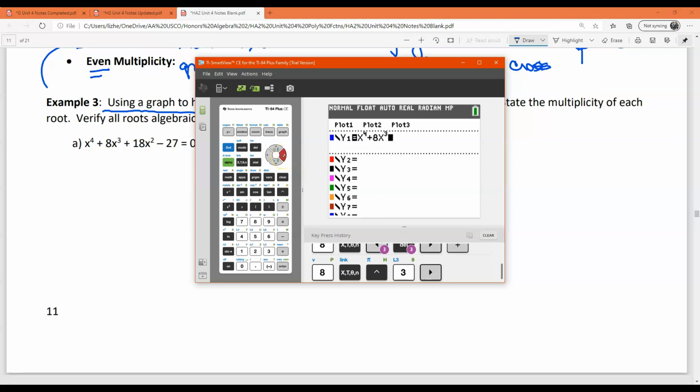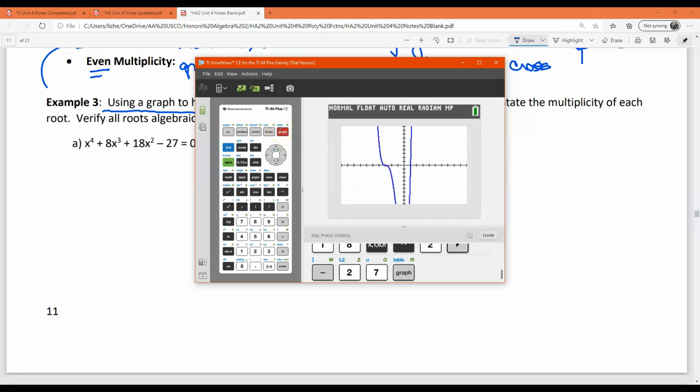Plus 18x squared minus 27. That's my function. Make sure I have everything in there right. I think I do. So now I want to graph it.